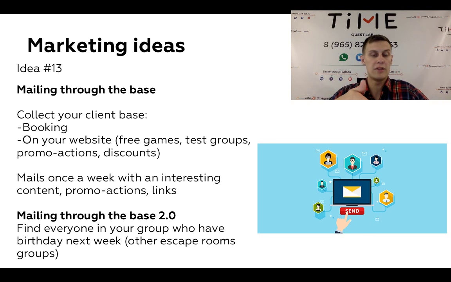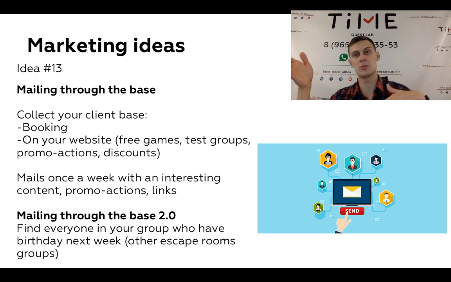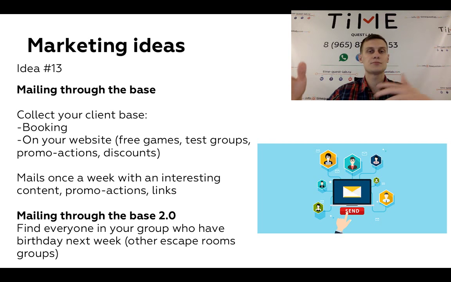One more life hack here, mailing from the base 2.0, is to find everybody in your base whose birthday is next week, not today, not yesterday. Well, it might also be next month, because they are planning what kind of party to have, where to go with friends and all that.